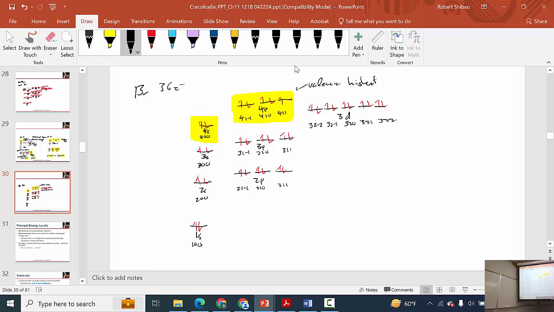Now, why do I care about the highest n? I care about the highest n because those are the biggest orbitals. If we start off with 1s is small, 2s is bigger, 3s is bigger, 4s is the biggest. Just as a rough idea, the 4s are 16 times bigger than the 1s.